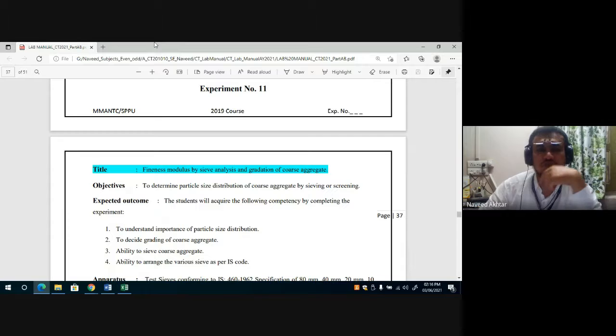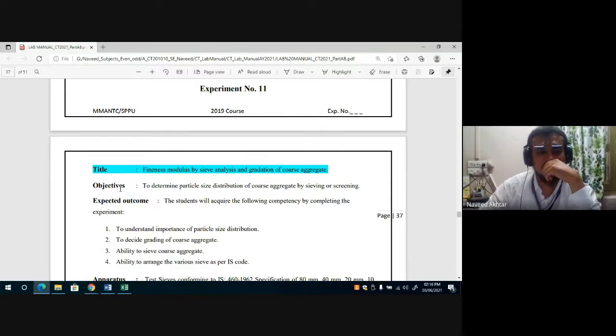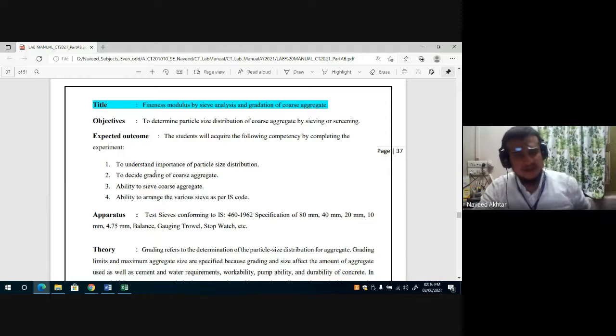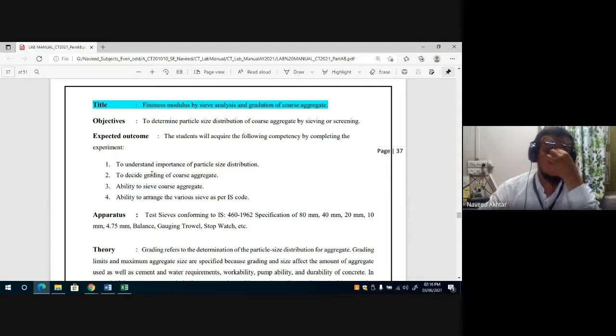The objective of the experiment is nothing but to determine the particle size distribution of coarse aggregate by sieving or screening. So at the end of this practical, you will be able to understand the importance of particle size distribution: why we are doing the particle size distribution, and why IS 383 emphasizes it.